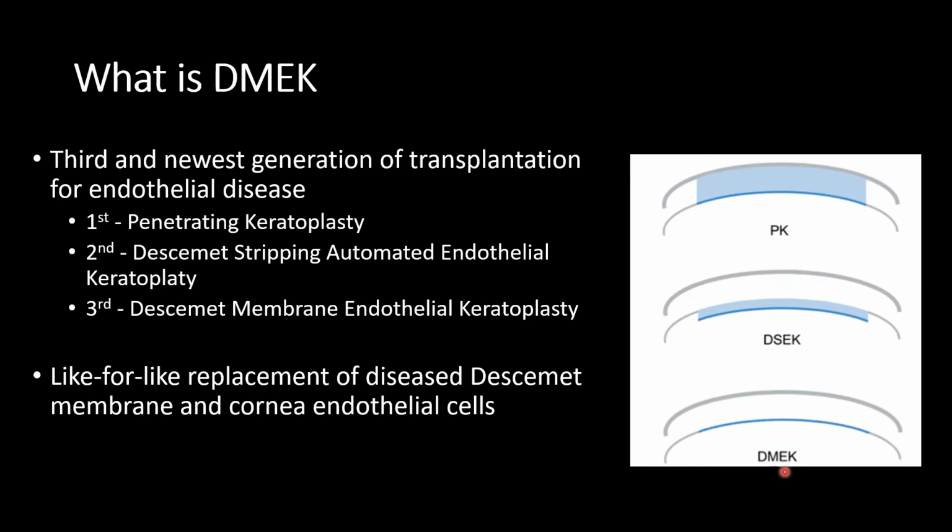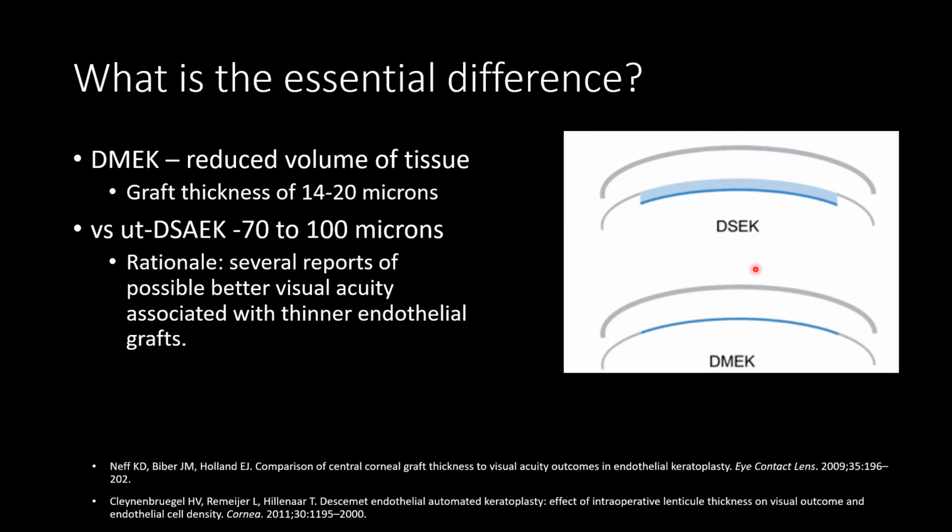A DMEK procedure allows the like-for-like replacement of just the diseased Descemet's membrane and the endothelial cell layer. With a DSEK procedure, you're still transplanting a disc of corneal stroma, but with a DMEK procedure, you're purely transplanting a very reduced volume of tissue.